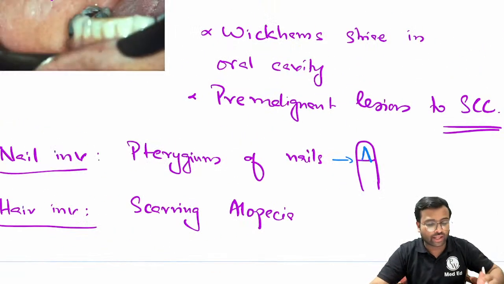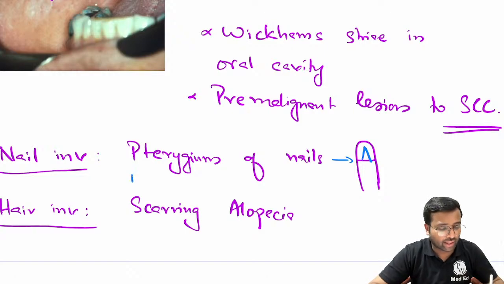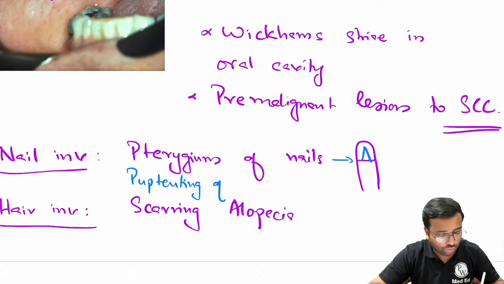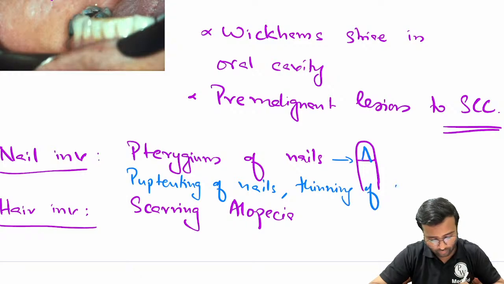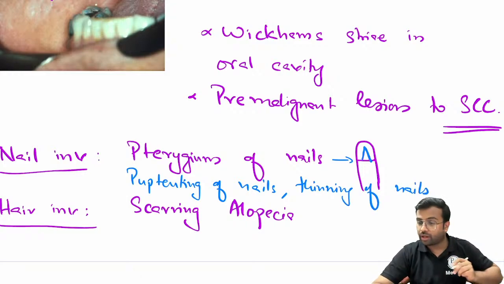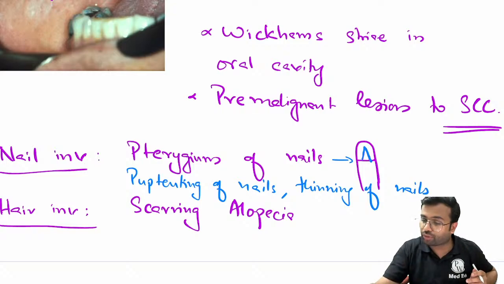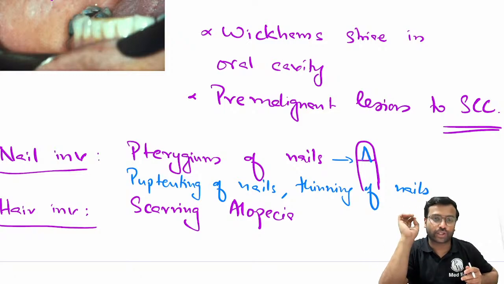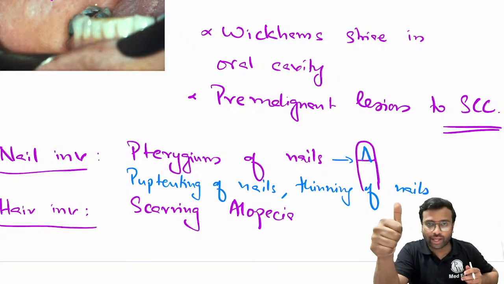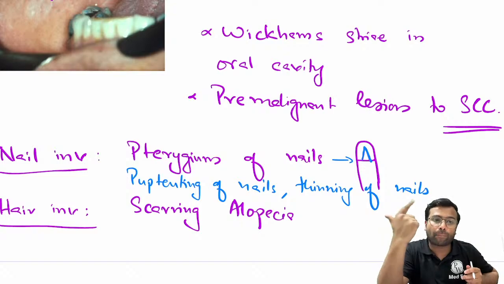So other than pterygium, there are many other findings like pup tenting of nails, thinning of the nails, etc. All these are additional findings that you can see. Yeah, Fatima, I'm just repeating all those nail findings now. Pterygium of the nails is one, then pup tenting.